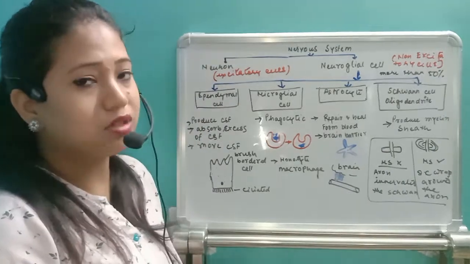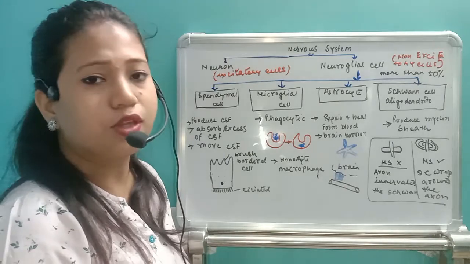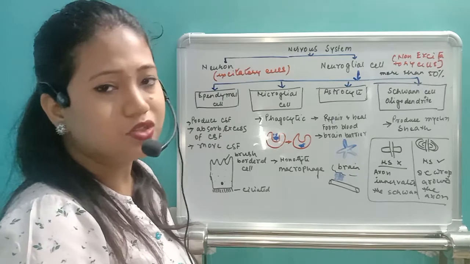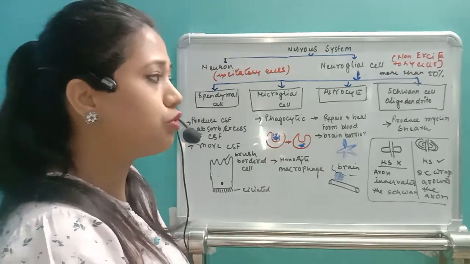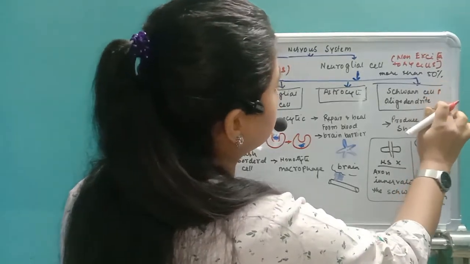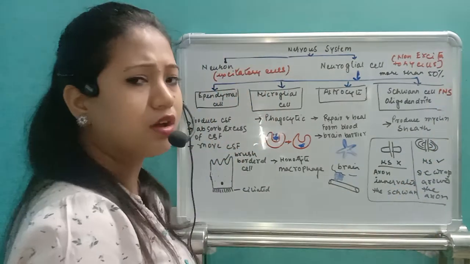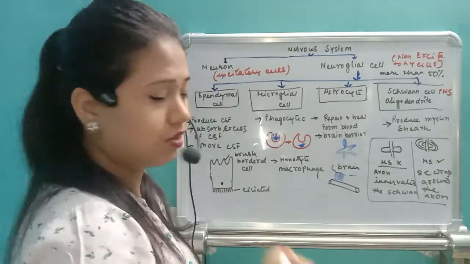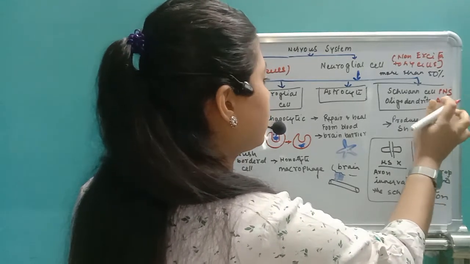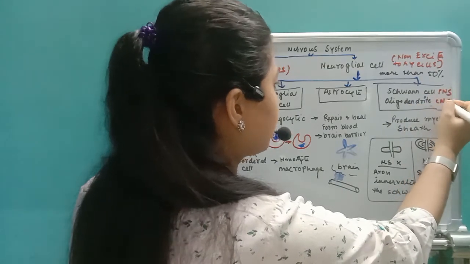Next, if you see Schwann cells and oligodendrocytes, this is going to be very easy. You need to know that they form the myelin sheath. Schwann cells produce the myelin sheath in the peripheral nervous system, the PNS, and oligodendrocytes form the myelin sheath in the central nervous system, that is, in the brain and the spinal cord.